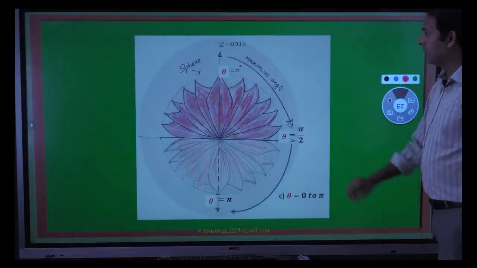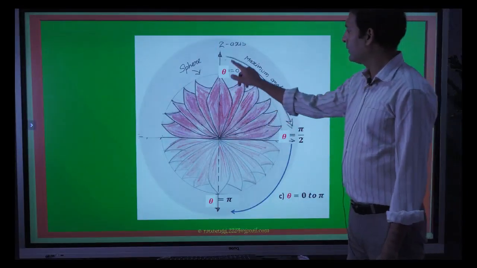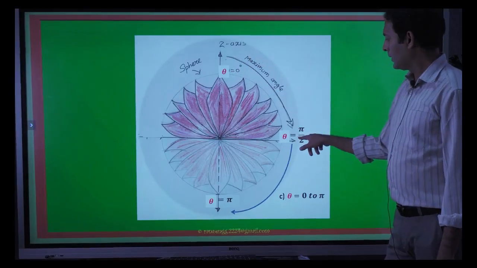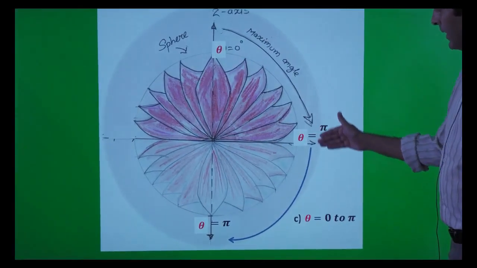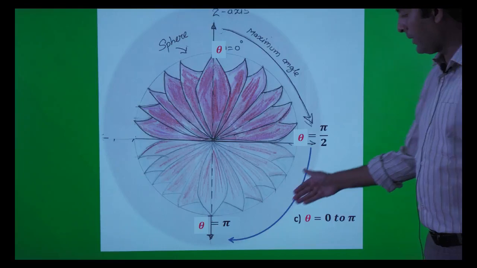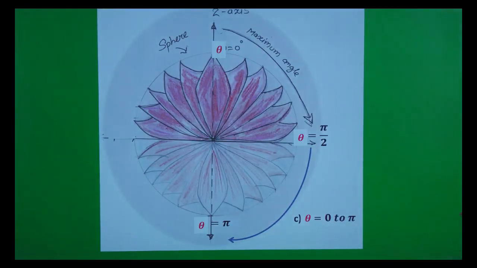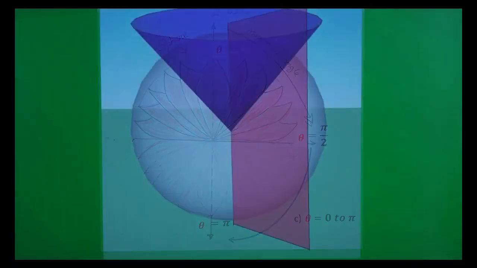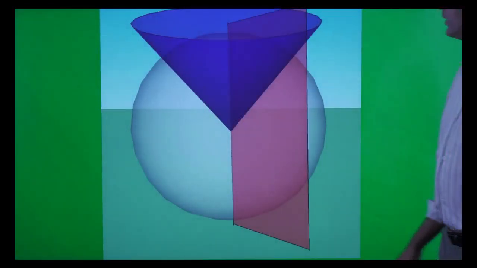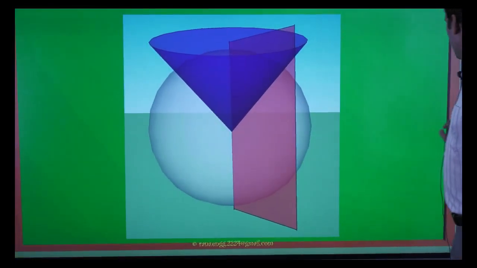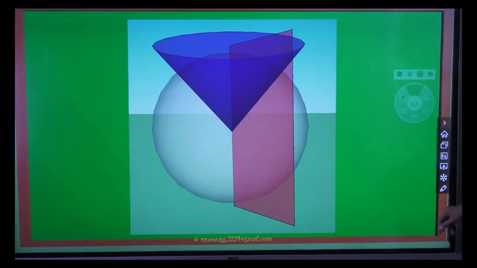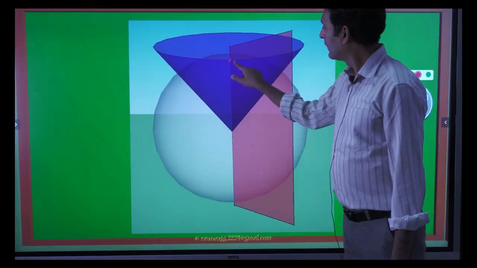Here is another diagram. We have theta equal to 0, then some angles, going up to pi by 2 and pi. Similarly, we can calculate for the other side. So we can find any given point P by the intersection of 3 surfaces.